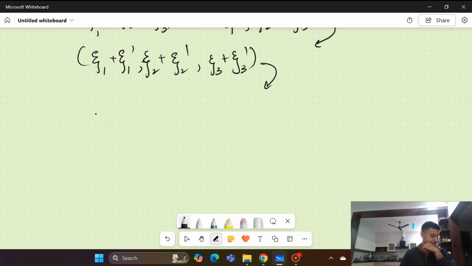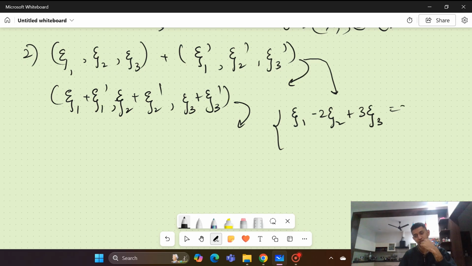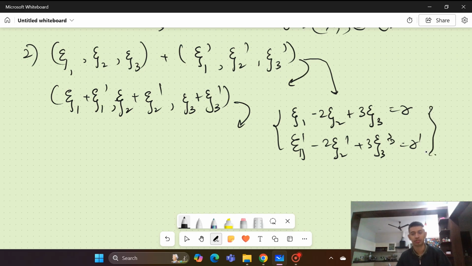So the thing is, here when we did this, we sort of implied that two equations were true. G1 minus 2 G2 plus 3 G3 for some gamma. And we sort of implied that G1 dash minus 2 G2 dash plus 3 G3 dash were true for some other gamma.